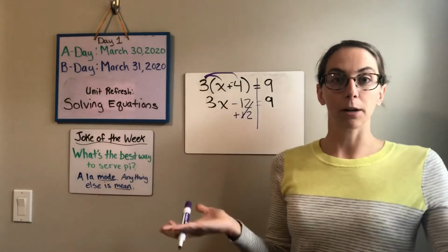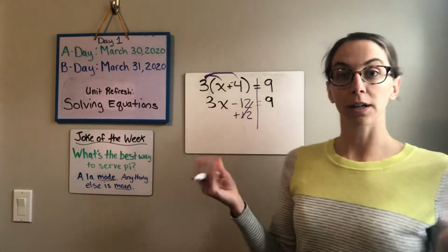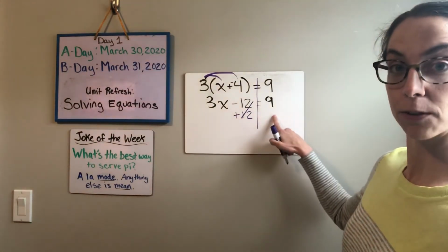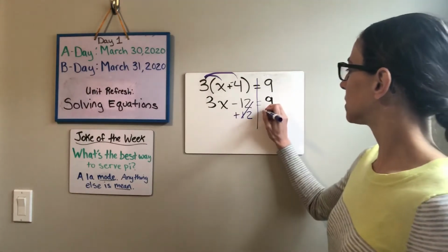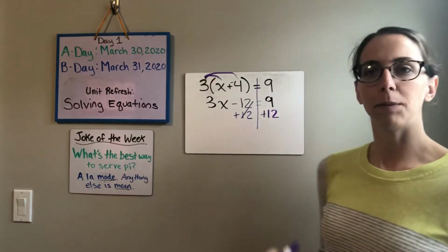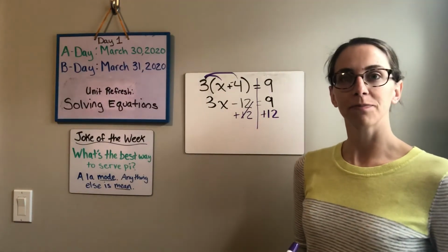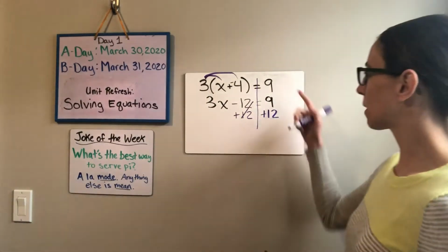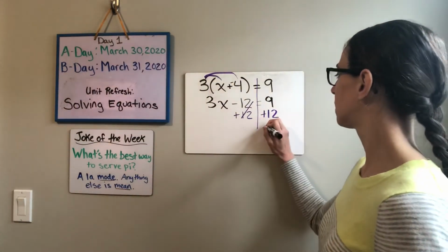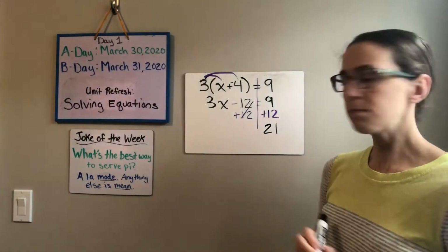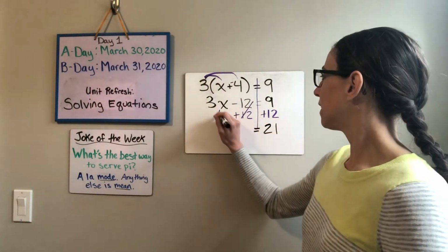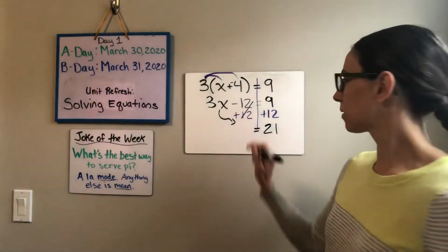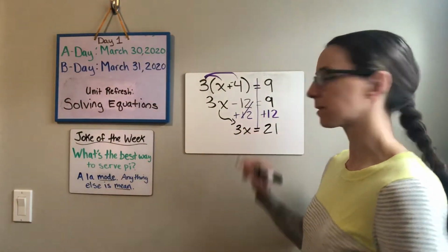But to keep my equation balanced, that property of equality, what I do to one side, I have to do to the other. So this side also needs to be adding 12 to keep it balanced. When I bring down 9 plus 12, I've got 21. And the term that I haven't used over here will be 3x.